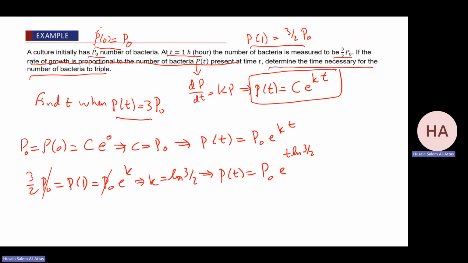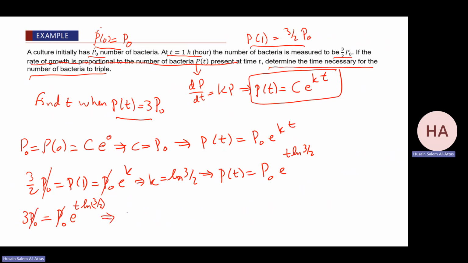What does he want? He wants the time where P of t is equal to 3P0. I need to find when I reach 3P0, that is, P0 e^(t ln 3/2). So P0 cancels.